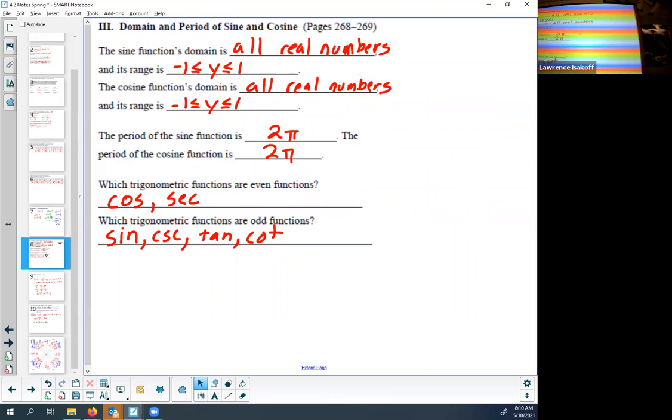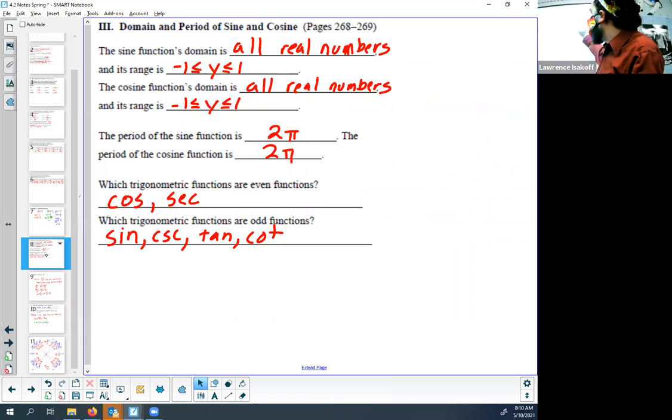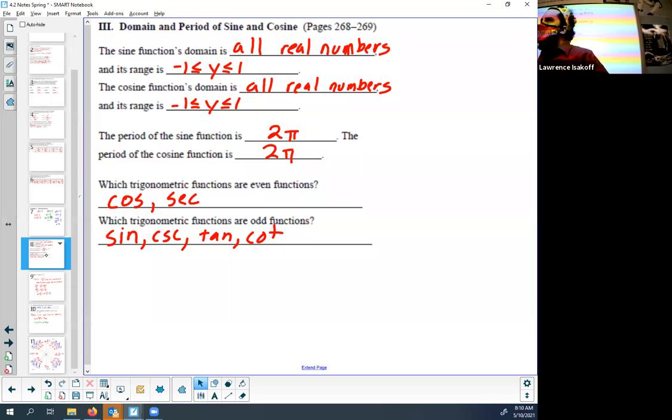Okay. So talking about domain, range, period. Period is how long it takes something to repeat. The period for both sine and cosine is 2 pi. The domain for both of them will be all real numbers, whereas for the range, -1 is my lowest value, +1 is my highest value.